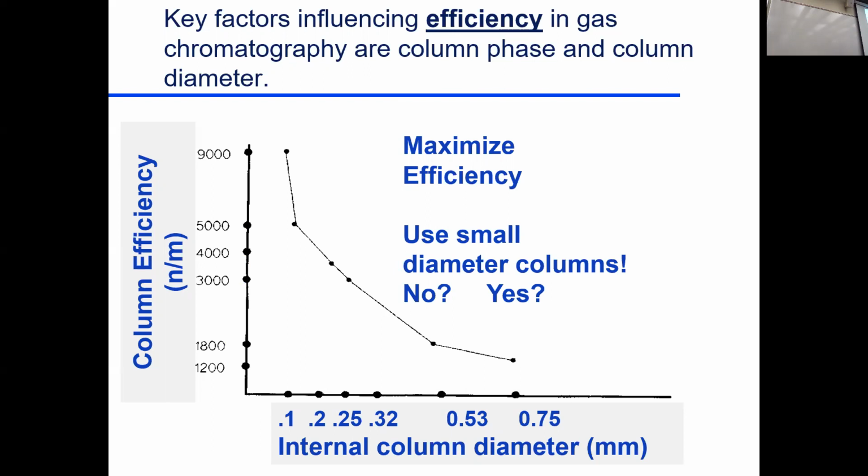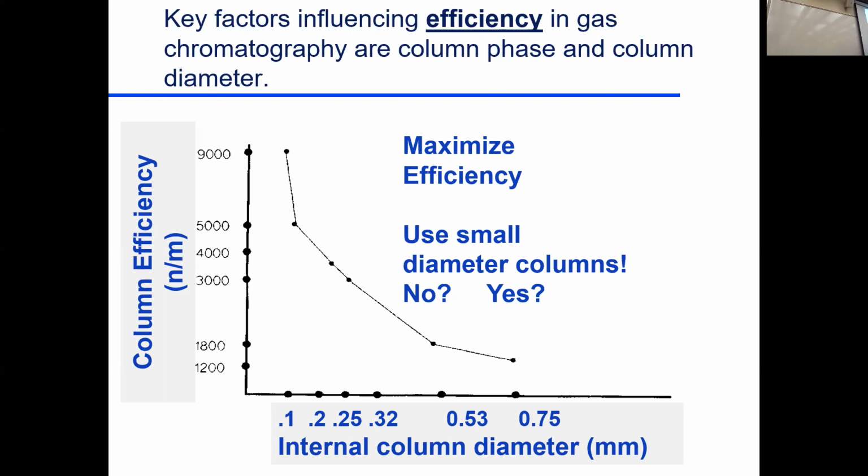If you've got a pipe this big around, you're not going to have a nice uniform front of things moving through. It's going to be more or less shaped like a cone. But the smaller that diameter is, the smaller that cone, the smaller the spreading of an analyte that goes through the column. And so we want small columns to give us efficiency.